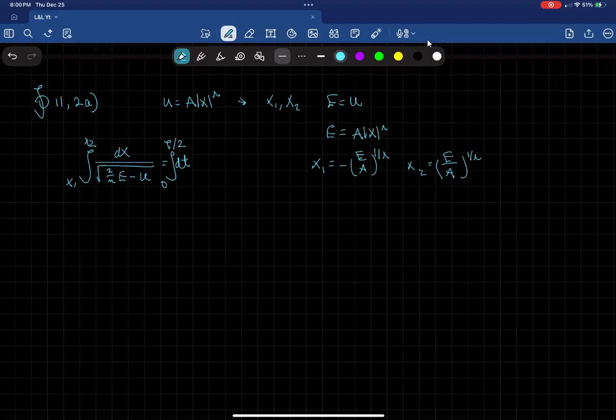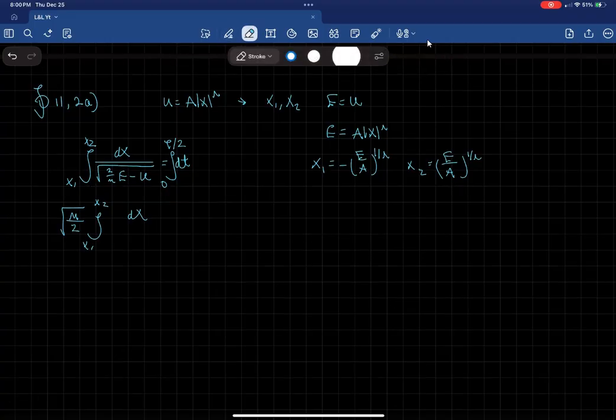So we get that integral from x1 to x2 of dx, and I'm going to take my factor of m over 2 from here to the outside of the integrand.